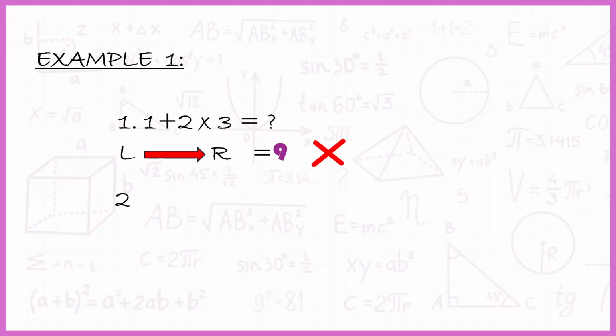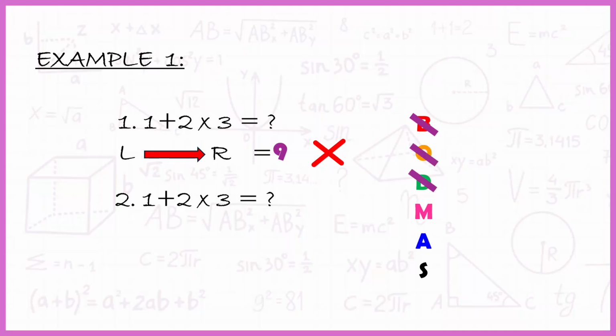So let's do the same equation now, which is 1 plus 2 times 3. However, we're going to write the BODMAS acronym down so we can cross them off to see what ones we have. So the B stands for brackets and we don't have any brackets, so we're going to cross that off. We don't have any order or indices either, and we don't have any division.